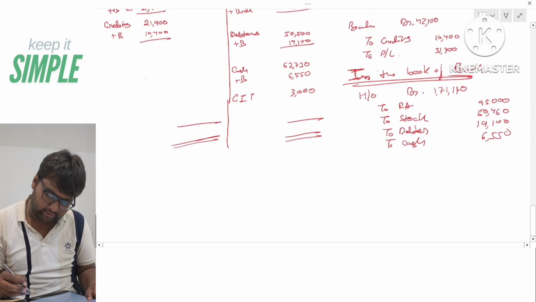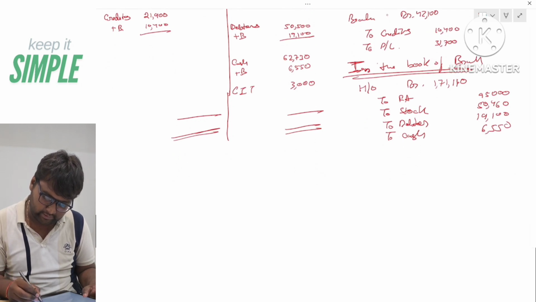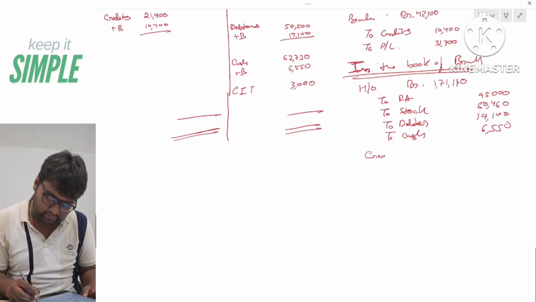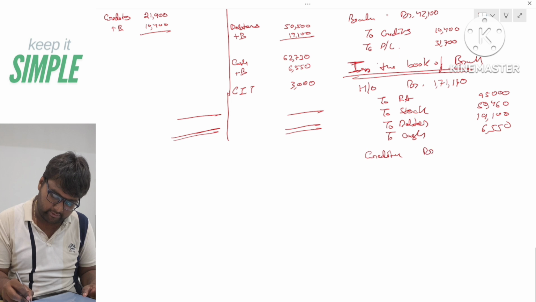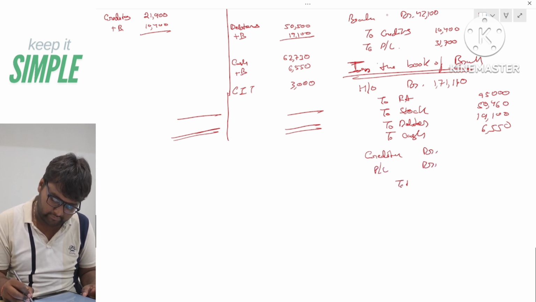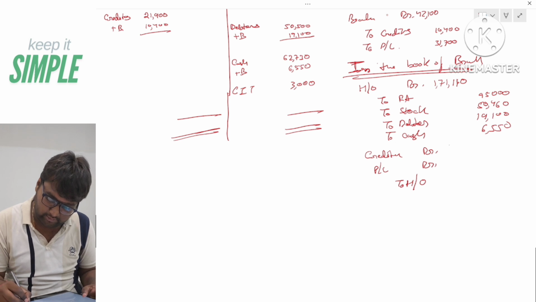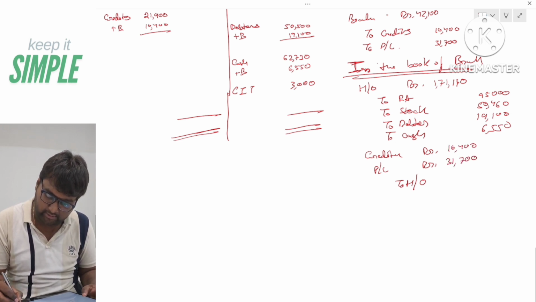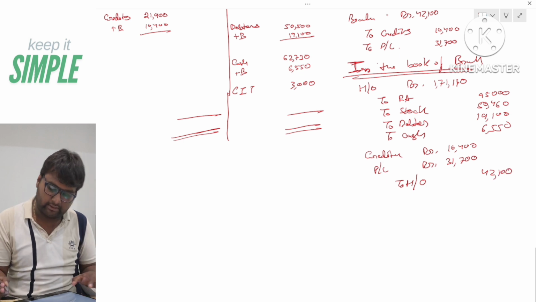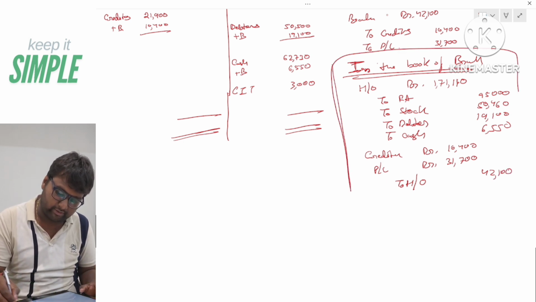And another entry they will pass is creditor debit, PL debit to head office: 10,400, 31,700, 42,100. These are the entries which will pass in the books of branch.